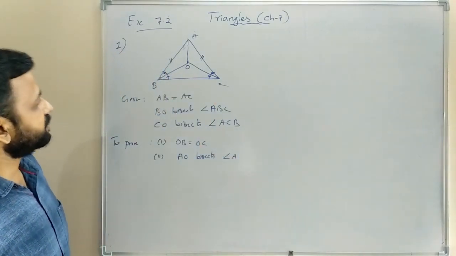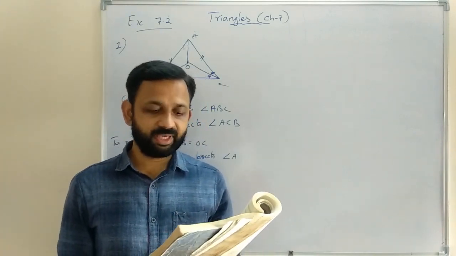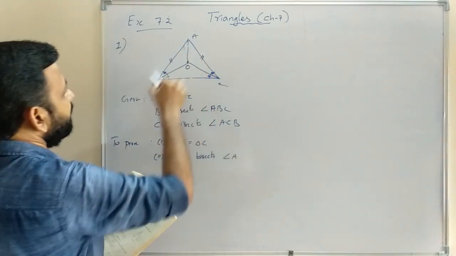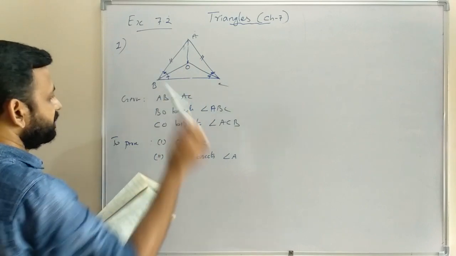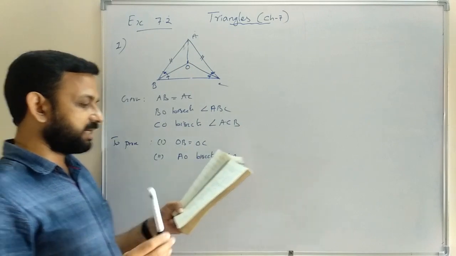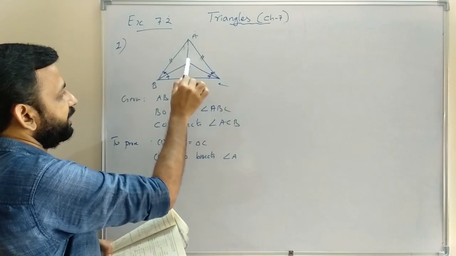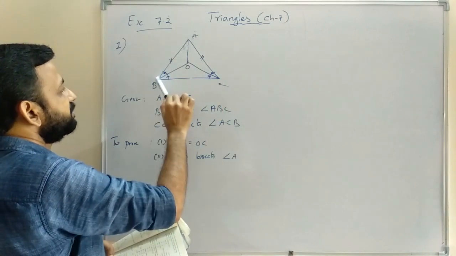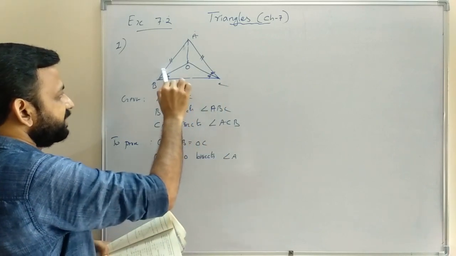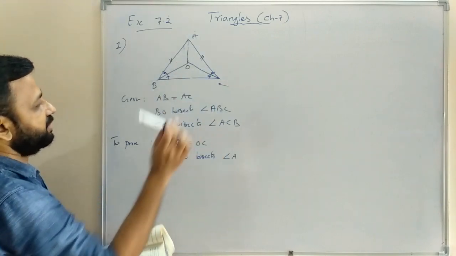Exercise 7.2, question number 1. In an isosceles triangle ABC with AB equal to AC, that is the given condition, the bisectors of angle B and angle C intersect each other at O. That means BO is the bisector of angle ABC, and CO is the bisector of angle ACB.